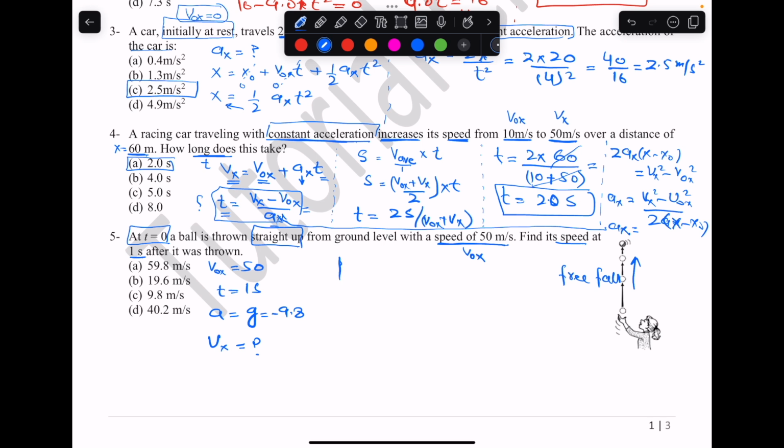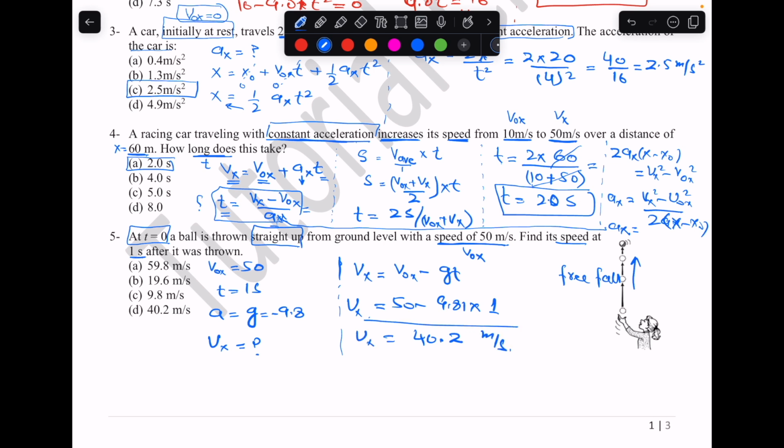We get vx from equation number 1, which is vx equals v naught of x minus gt. So vx is 50 minus 9.81 multiplied by 1. What we get is 40.2 meters per second, which is this option.